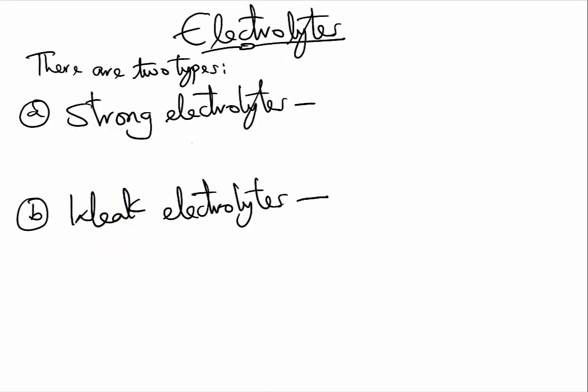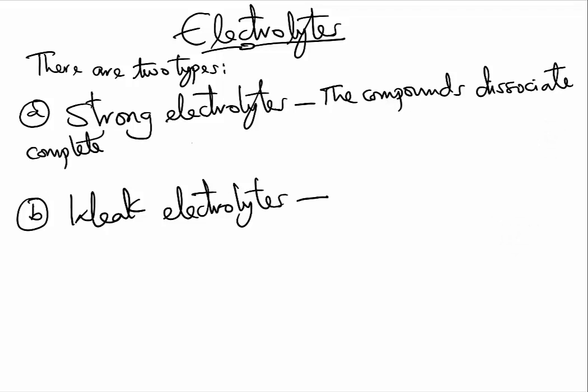There are two types of electrolytes. There are those that we call strong electrolytes. And they are called strong electrolytes because the compounds dissociate completely in aqueous solution.